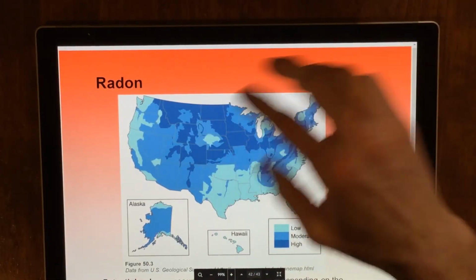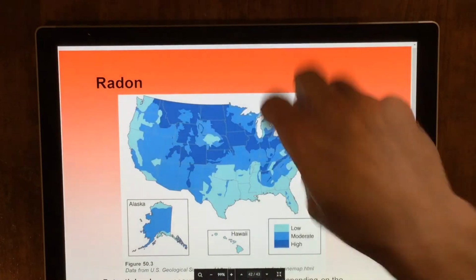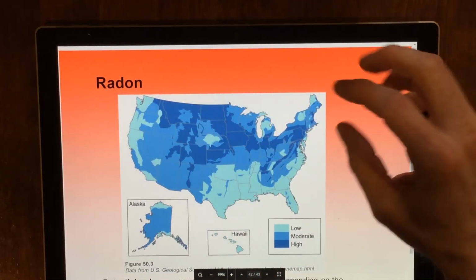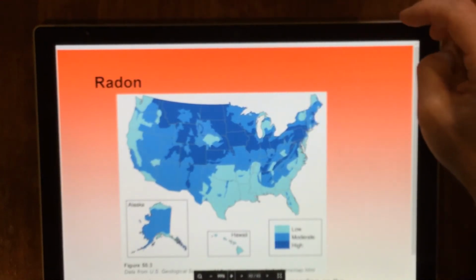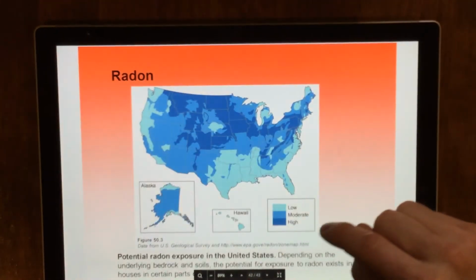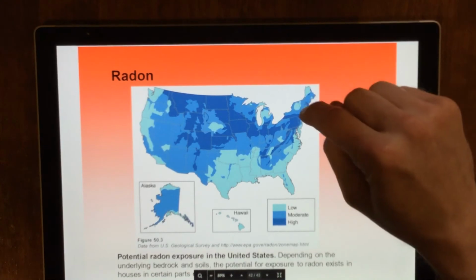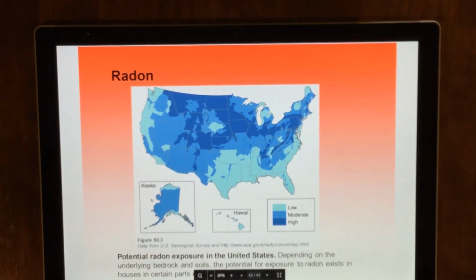But I found that interesting, and it's because of the naturally occurring radon from rocks, and they just happen to be pockets of radon in those areas because of the geology. So that's pretty cool. Or interesting. I don't know about cool. But so anyways, yeah, radon is a problem in certain areas more than others, obviously.